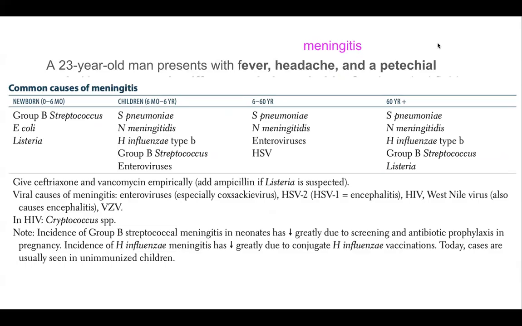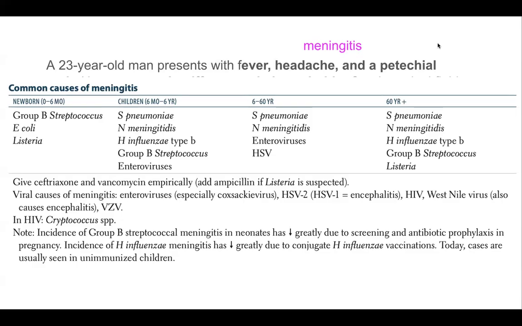I'm going to tie this to real clinical practice. This is part of why women get screened for group B strep in their third trimester of pregnancy, and then maybe need penicillin at delivery if they have a positive test. That would be to protect the baby from GBS.